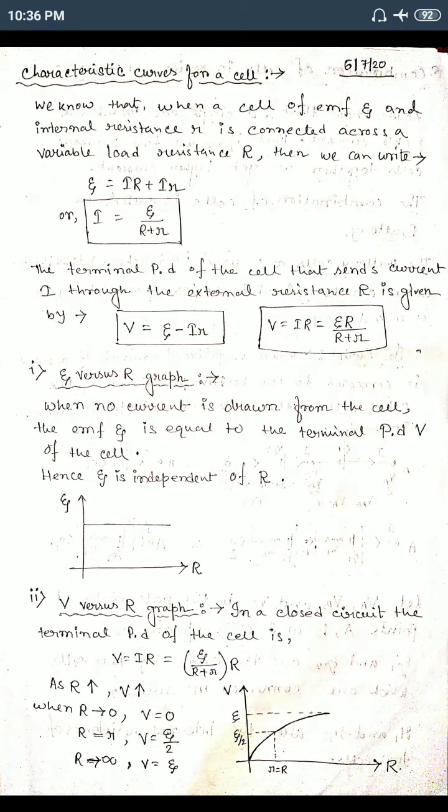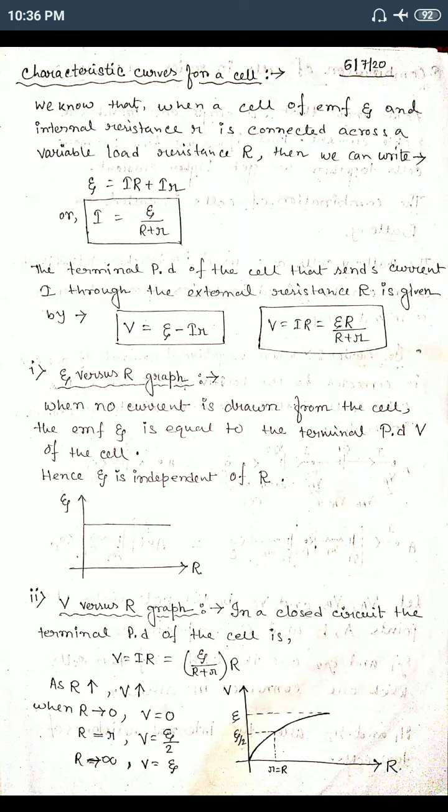And if we put I equals 0 in the first equation, then we get EMF is 0. So from here it is clear that EMF E does not depend upon the external resistance, capital R.